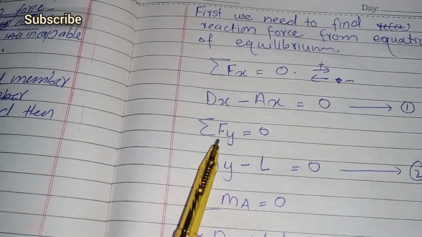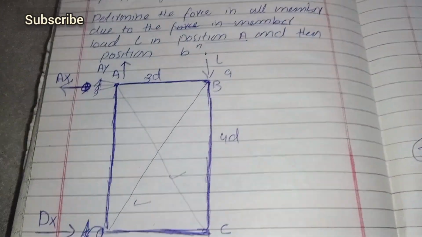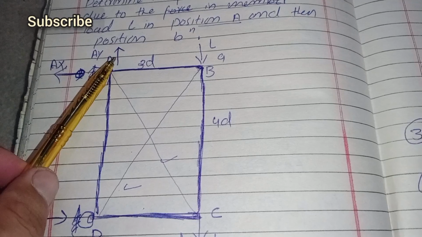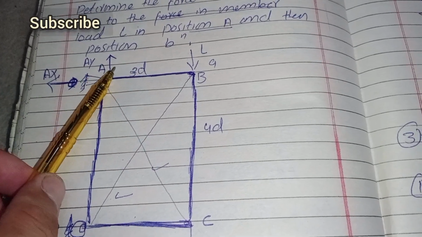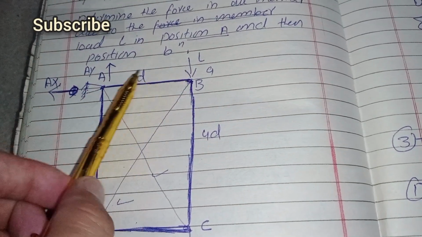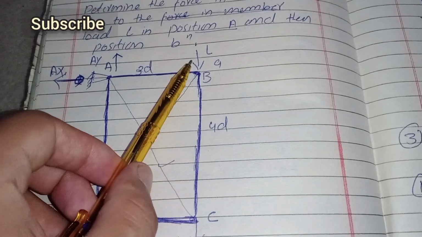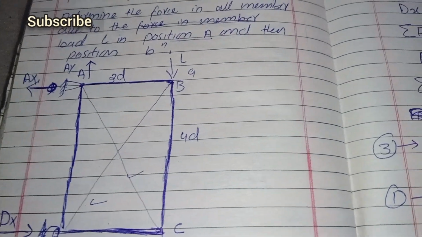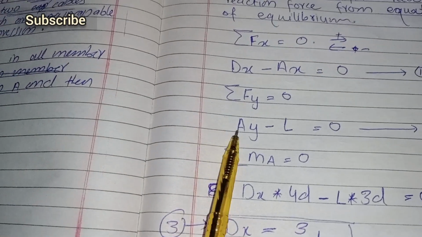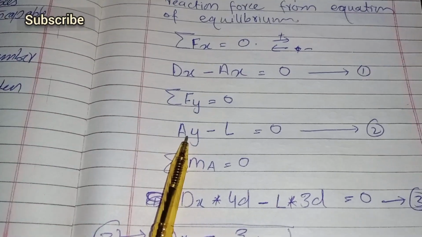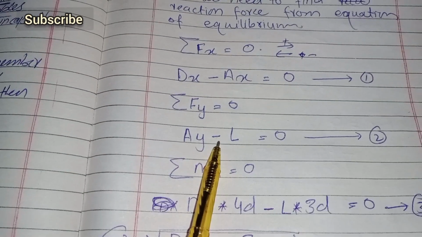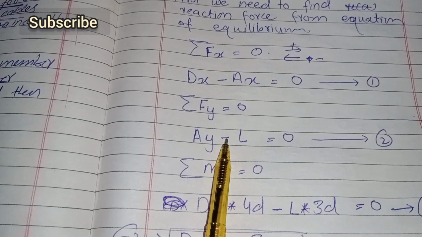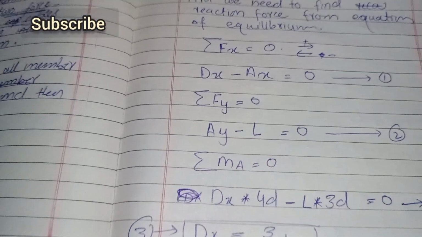The second equation is the summation of all vertical forces acting on this truss equals 0. There are only two vertical forces, AY and L, since in case A there is only this load. AY, directed upward, is positive, minus L, which is directed downward, so I put a minus here, equals 0.